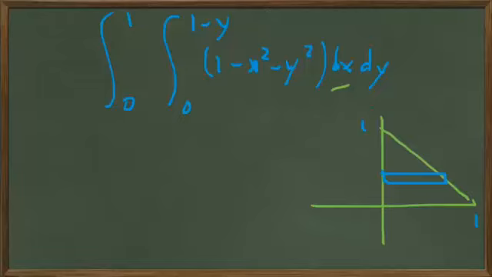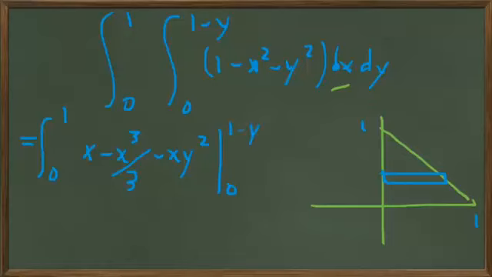So let's do the dx integration first, and that gives us this part right here does not change, and we get x minus x cubed over 3 minus xy squared, evaluated between 0 and 1 minus y, and then we're going to integrate that dy between the limits 0 and 1.